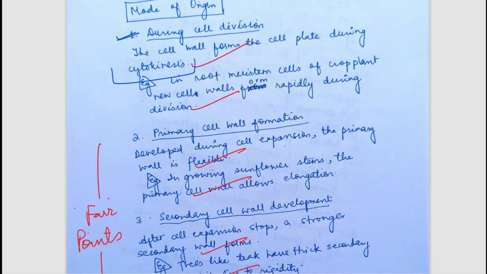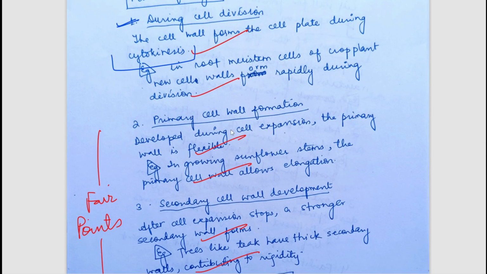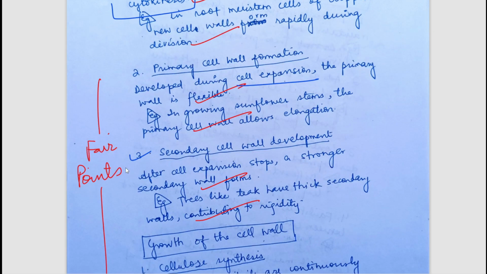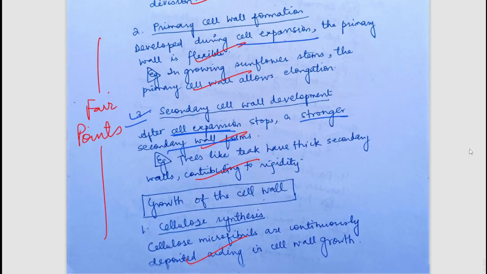Then there is primary cell wall formation. It is developed during cell expansion, and the primary wall which is formed is flexible, it is not that hard. Then the secondary cell wall is formed after cell expansion, which is stronger as compared to the primary cell wall, and is kind of on the harder side, whereas the primary cell wall is kind of flexible and on the softer side. So this is how the cell wall is developed.